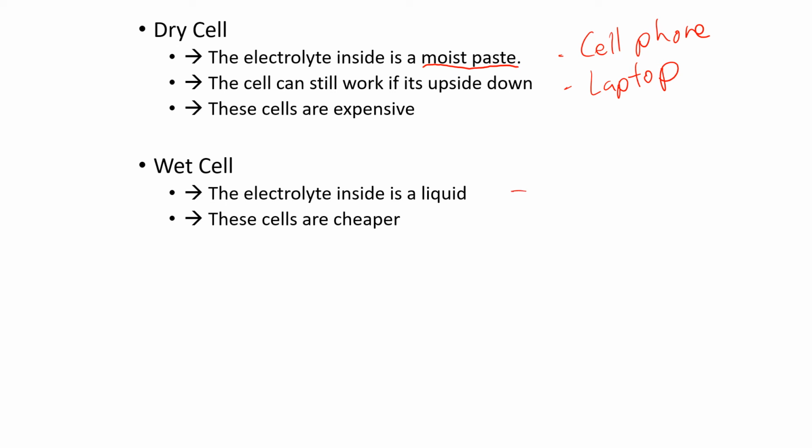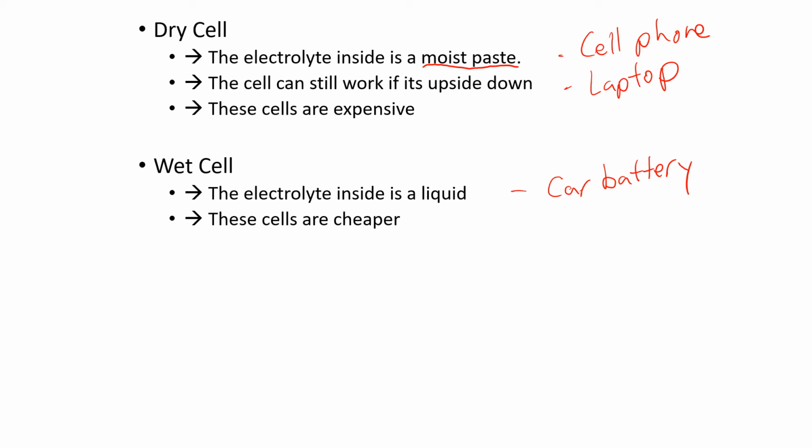Your wet cells are usually your typical car batteries. That's where you find these things, and we'll get into that because that's kind of changed in recent times.